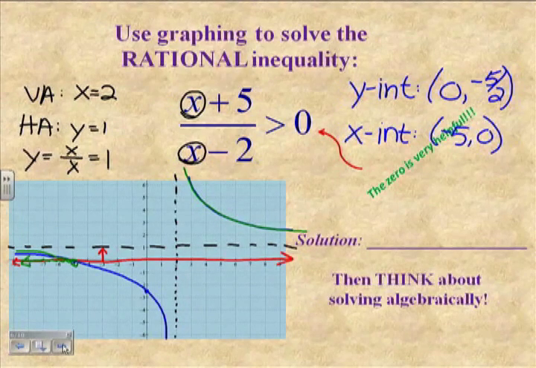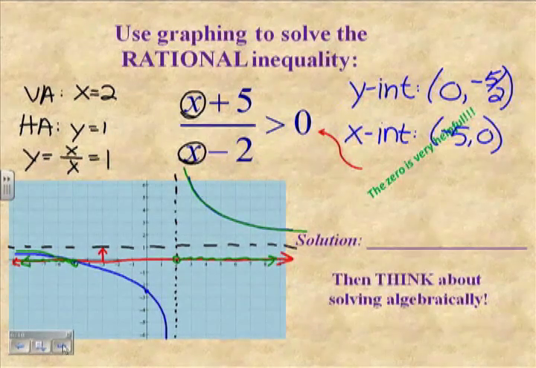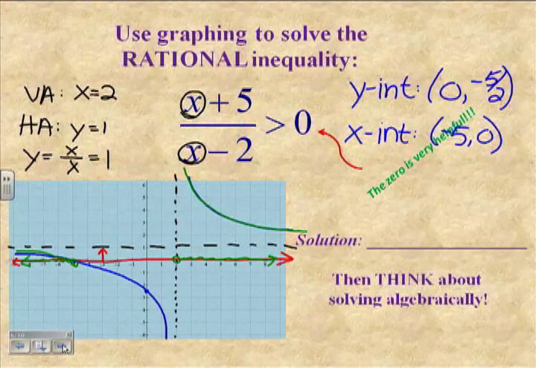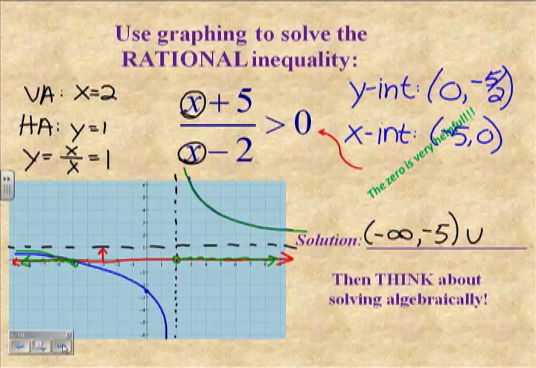And you know I can't count this asymptote because it's not even in the function, but I can take everything to the right of it. And so that green is showing you the x values that will make that inequality true. And that will be negative infinity up to negative 5, union 2 up to infinity.